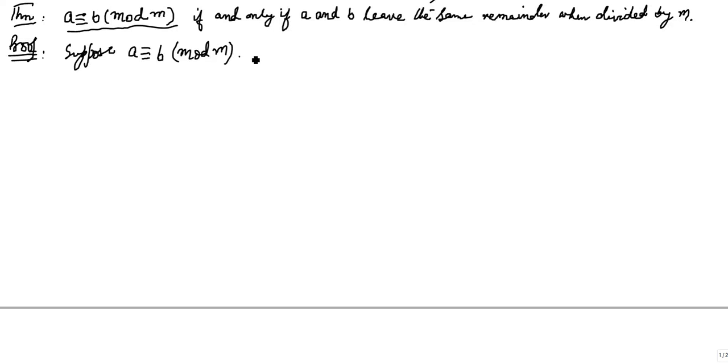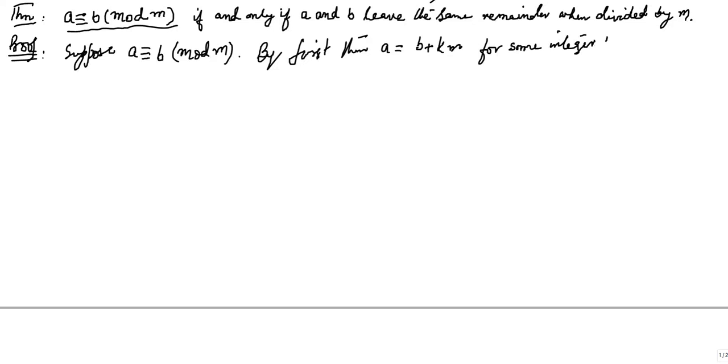So, by the first theorem that we studied earlier in this lecture, if A is congruent to B modulo M, then A is equal to B plus K M for some integer K. Okay. And now we apply the division algorithm here.